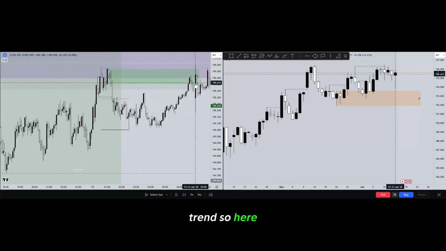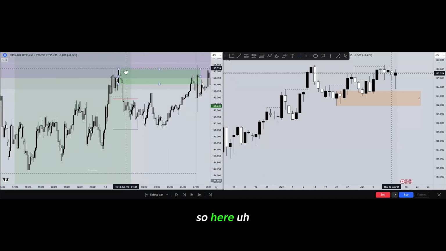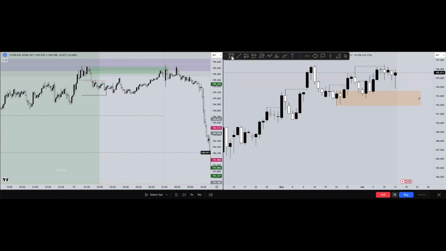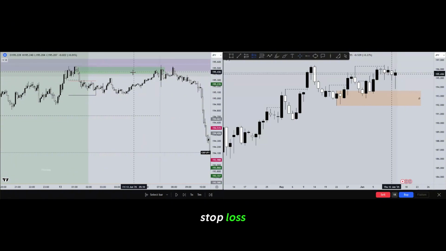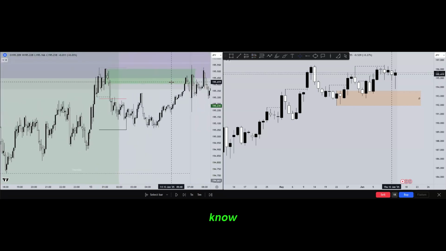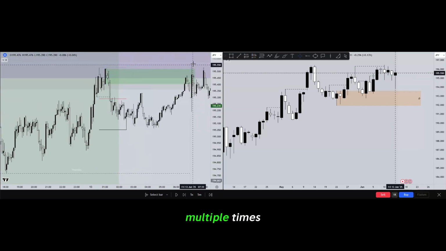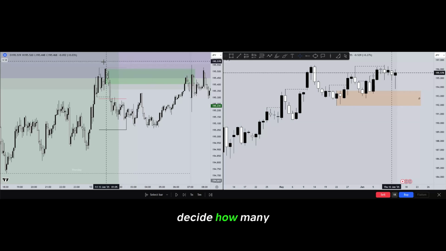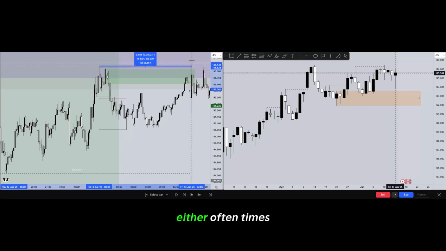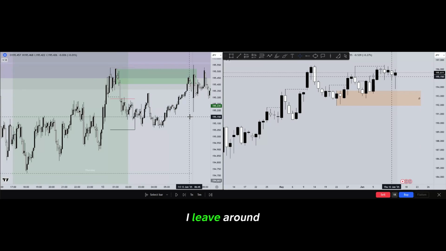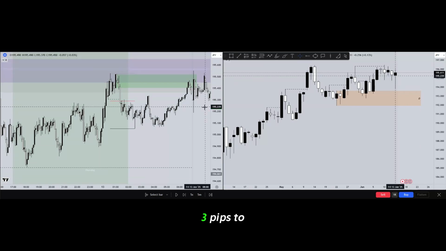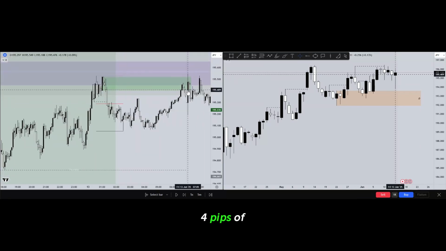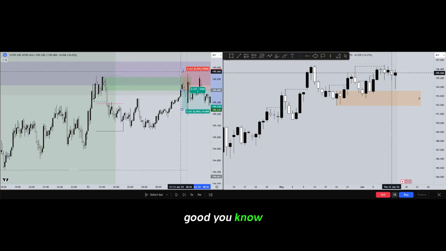So here, when setting the stop loss, we can leave enough buffer space to avoid getting stopped out multiple times. So you can decide how many pips you leave behind. Oftentimes I leave around 3 pips to 4 pips of buffer space, which is a good buffer.